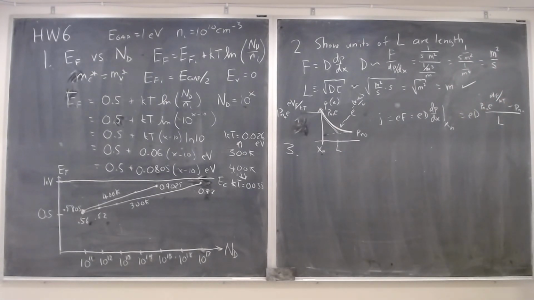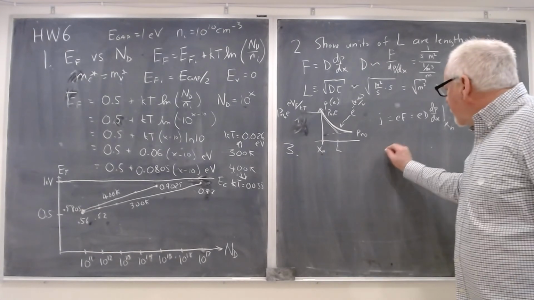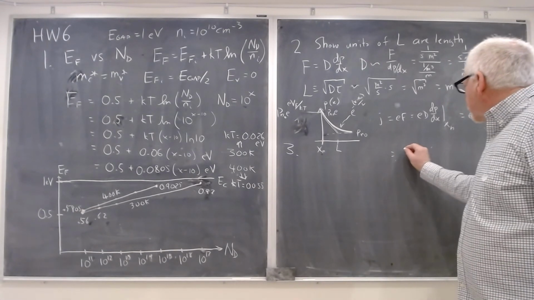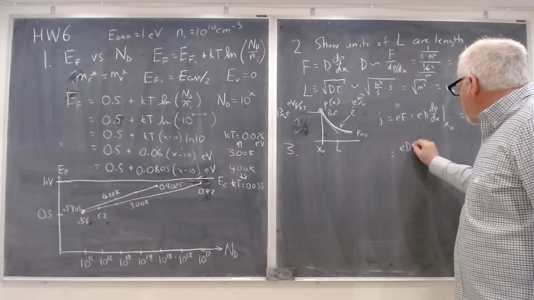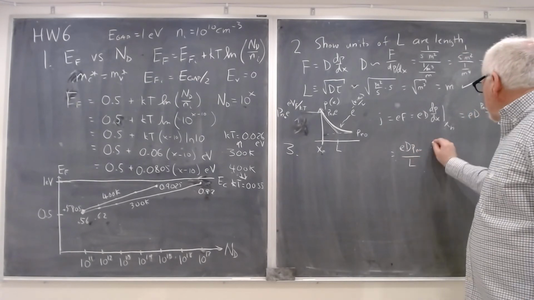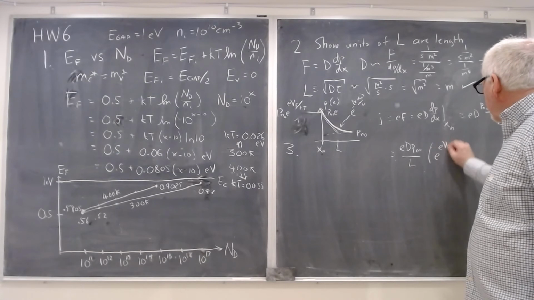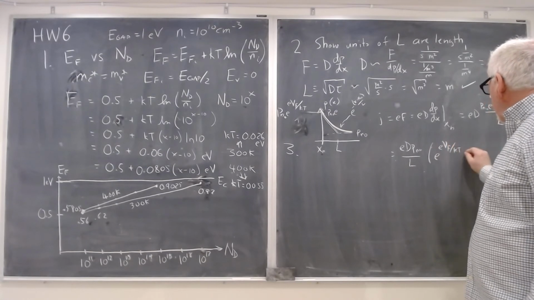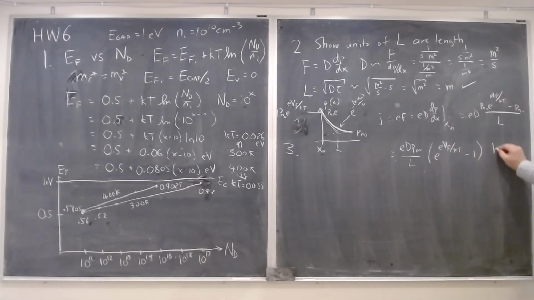In any event, it gets us to J equals e D Pn0 over L times e to the eVF over kT minus 1, and that's just holes. We do the same thing for electrons and add them together.